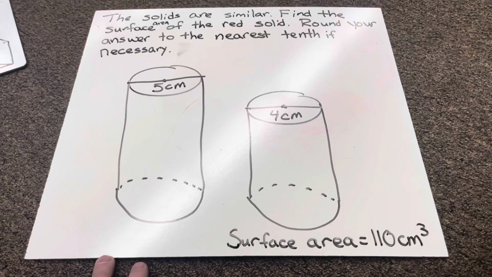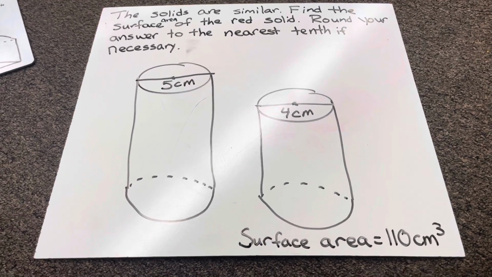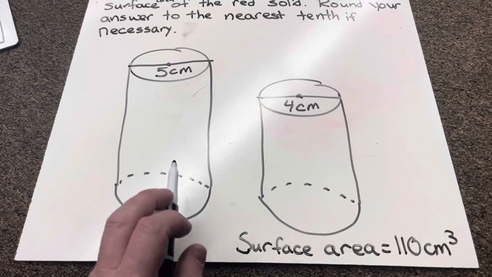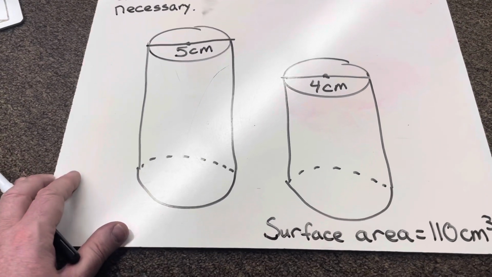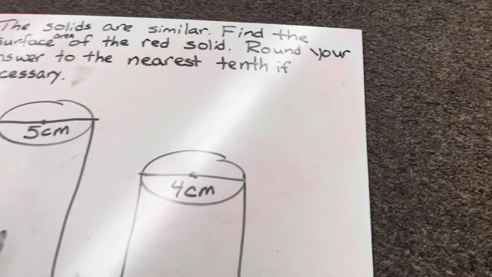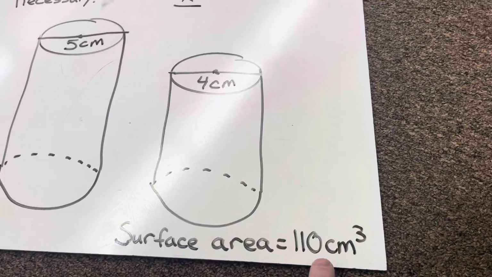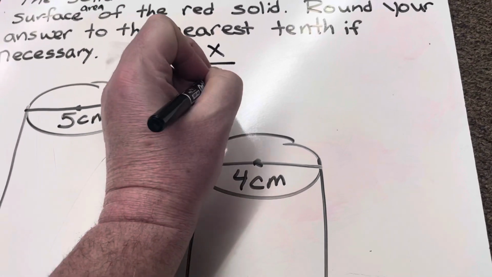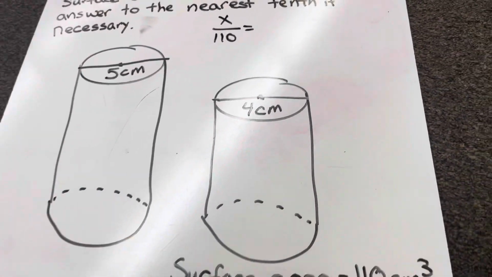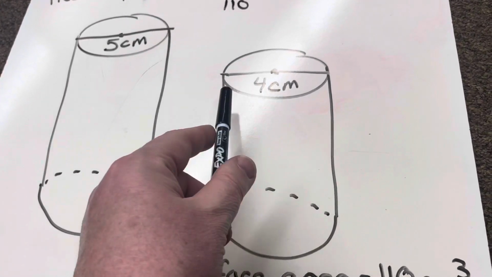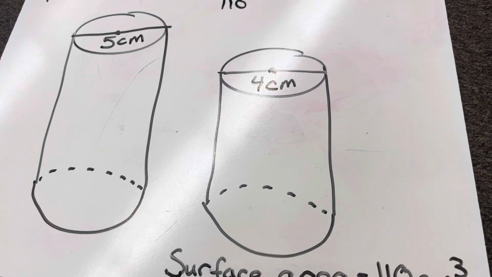So when we're dealing with surface area, this is kind of what we do. The surface area of A, which we don't know, will be represented as x. Over the surface area of B, which is 110, will go there. And then it looks at the different dimensions. Well, here we know the diameter is 5. Here we know that the diameter is 4.